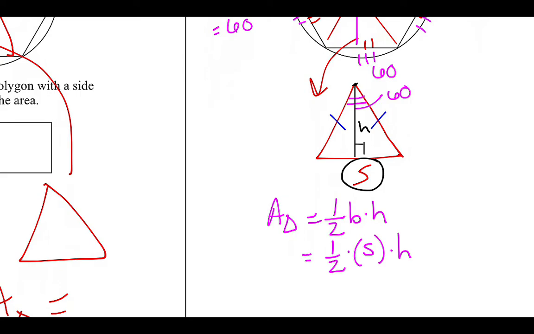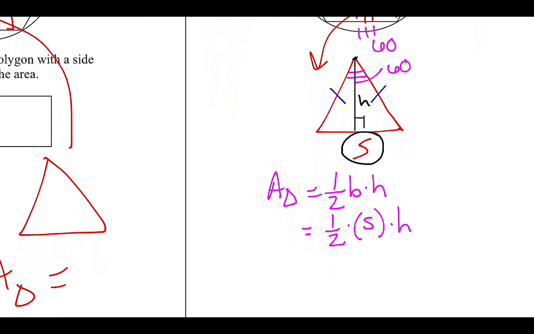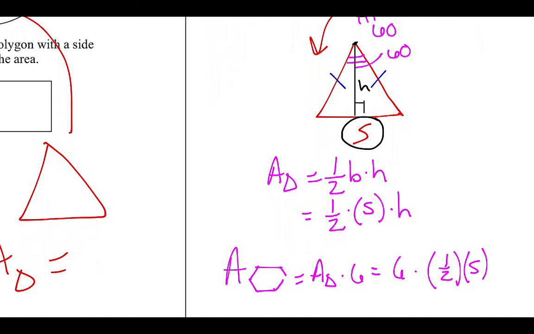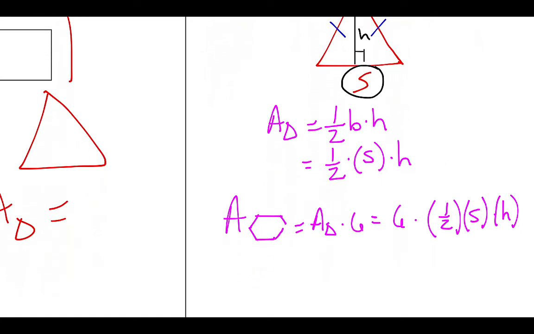But I have 6 of those triangles, so the area of my hexagon is going to equal the area of that triangle times 6. So let's take 6 times the 1/2 times S times the height. And while you're looking at that, nothing may strike you as very important, but to me it does.